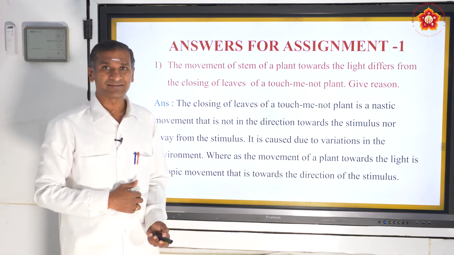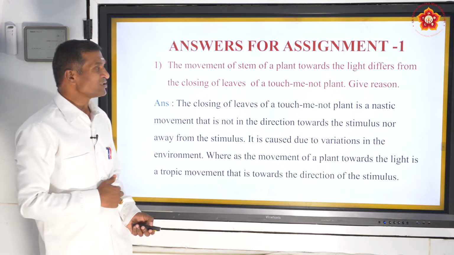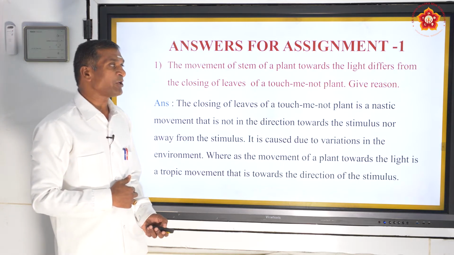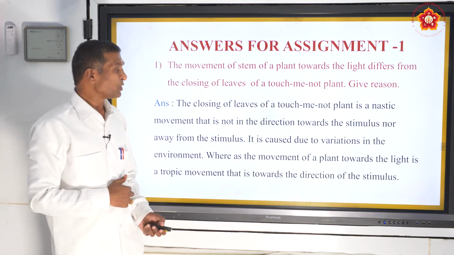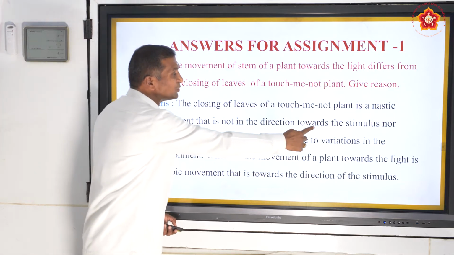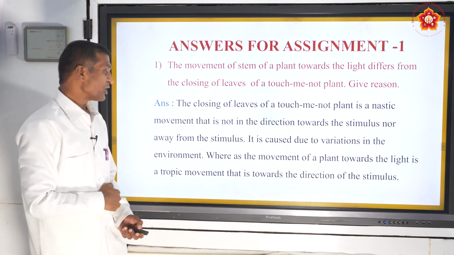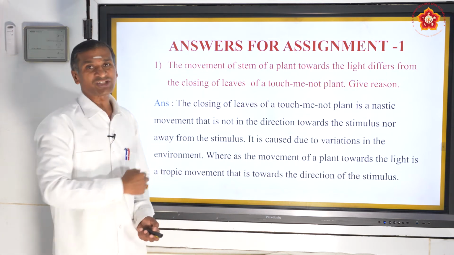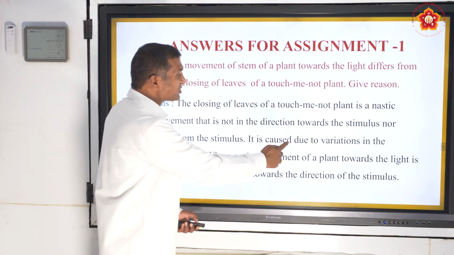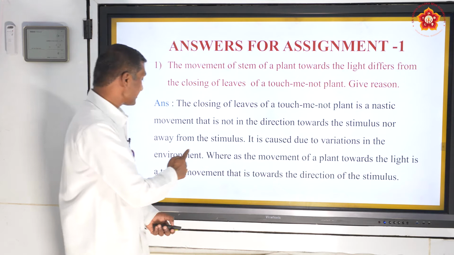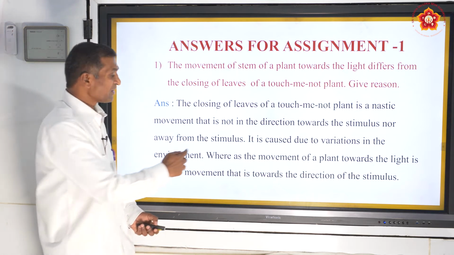Give reason. The closing of leaves of a touch-me-not plant is a nastic movement, that is, not in the direction towards the stimulus, nor away from the stimulus. Whereas, it is caused due to variations in the environment.